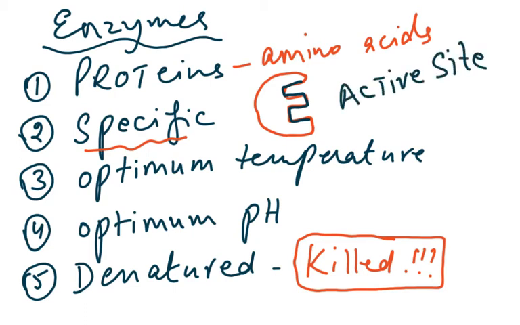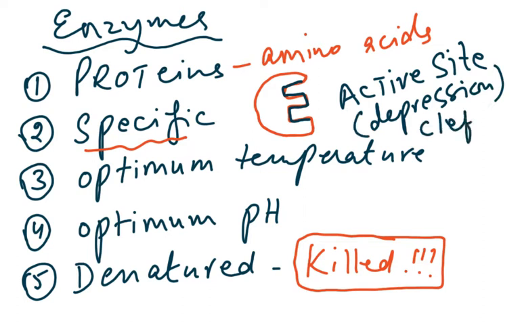The depression on the surface of an enzyme, or we use the word cleft, makes it very specific, because only a specific substrate can fit in it, which has a shape complementary to the active site.